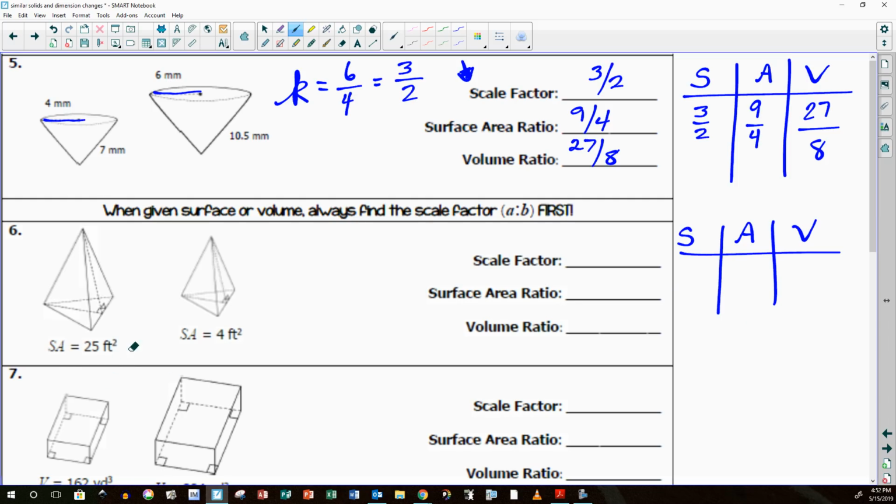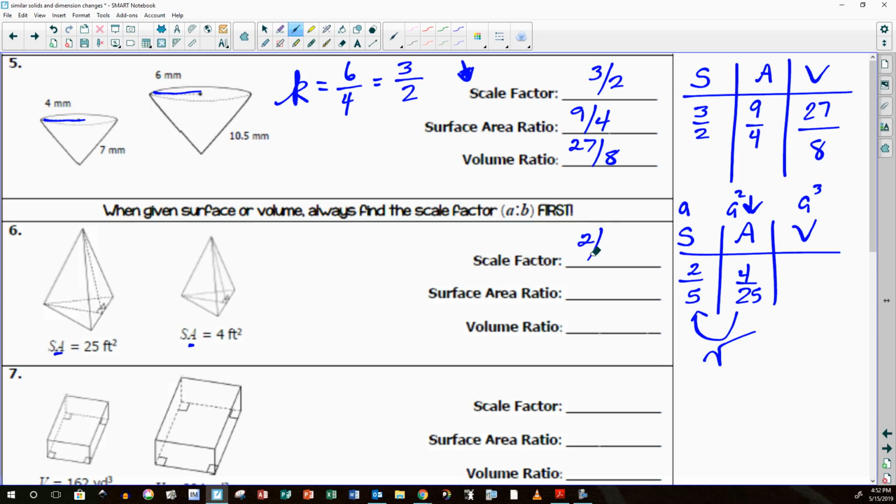And to make this easier, it's worth it. So what I noticed is they gave me surface area. Since they gave me any form of area, that means 4/25 goes in the area column. So if this is your A and this is A squared and this is A cubed, then to go from this column to this one, you have to take the square root. So the square root of 4 is 2, and the square root of 25 is 5.